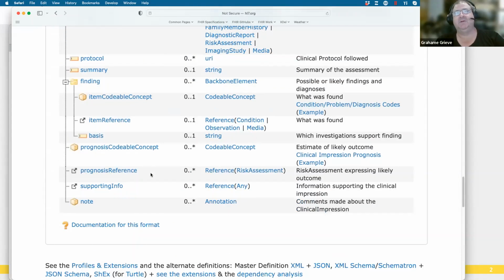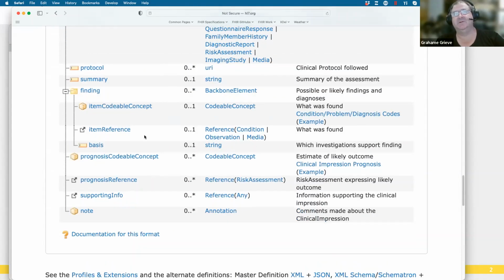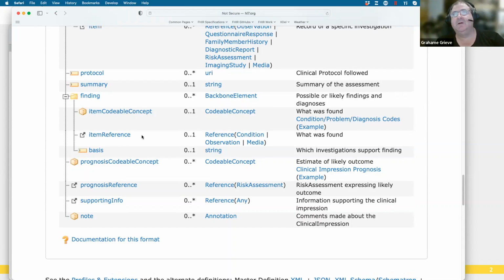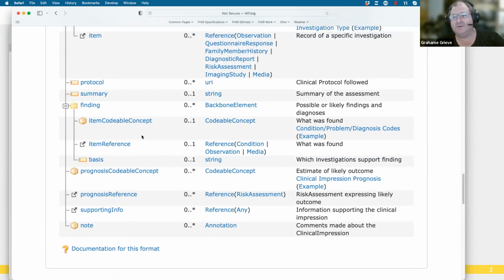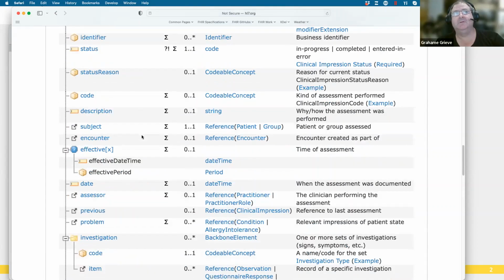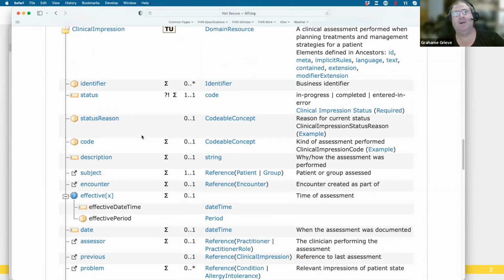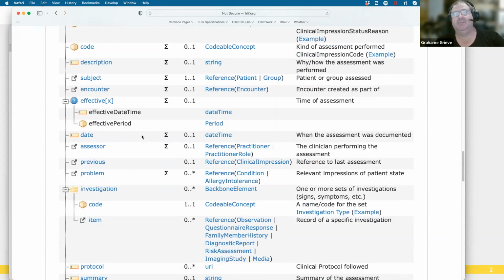And so here you can see that a condition is documented as a finding of a clinical assessment, clinical impression. But it could also be a documented problem.